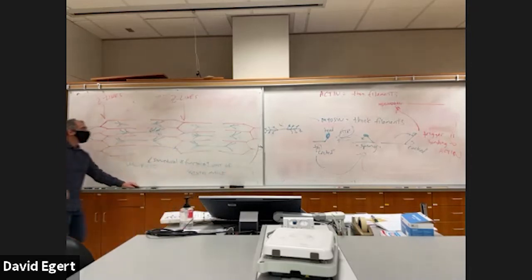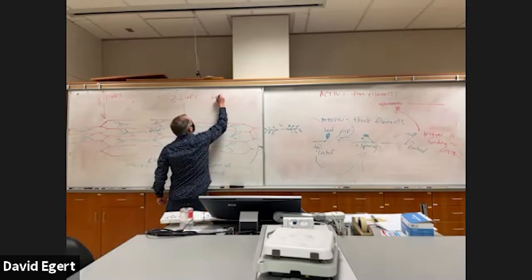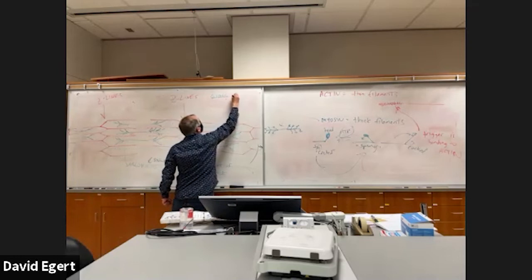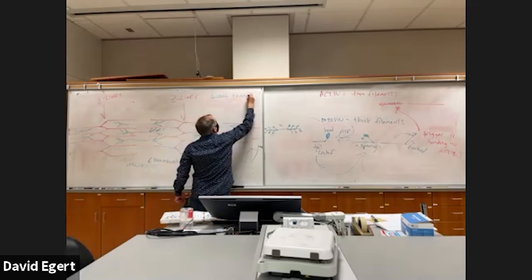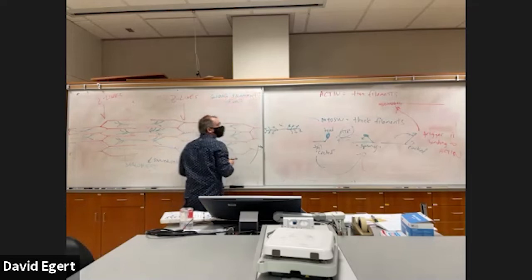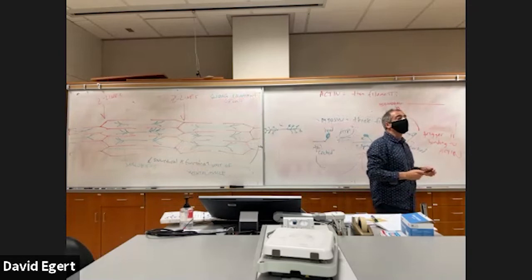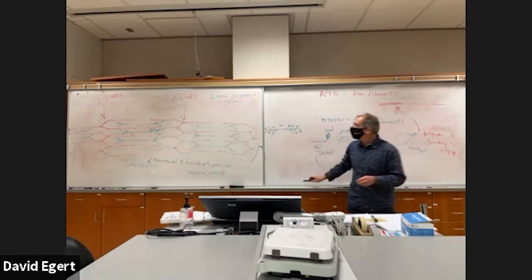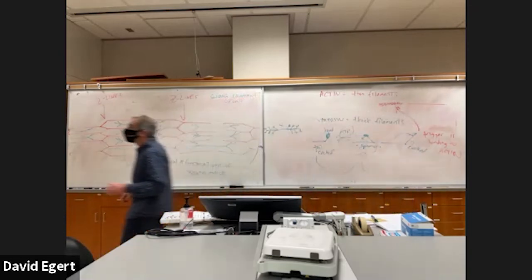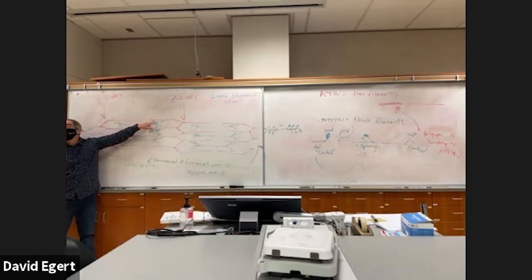So what we're describing here is called the sliding filament theory of muscle contraction. A man named Huxley came up with this originally back in the 50s. The basic idea is that when a muscle contracts, the myosin heads grab onto the actin and pull, right?